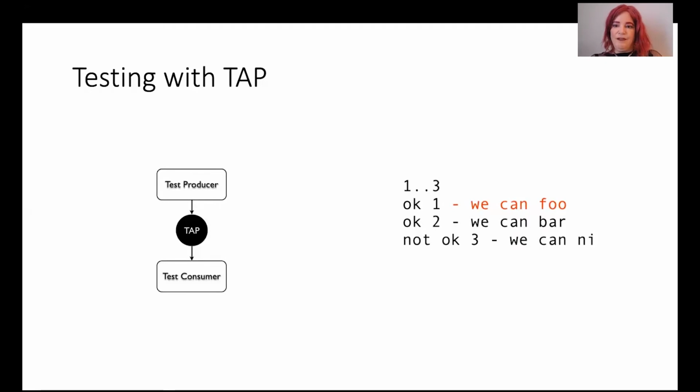So testing with TAP is very simple. Test producers speak the TAP protocol, and then there's a test consumer, which consumes all of the results and does summarization in whatever way you want. Very simple: can we do something, yes or no? You return okay or not. The simple results give you the ability to summarize all of the information very readily.